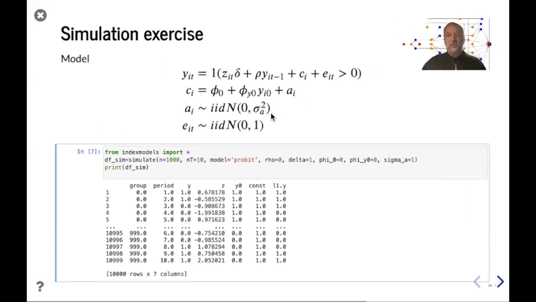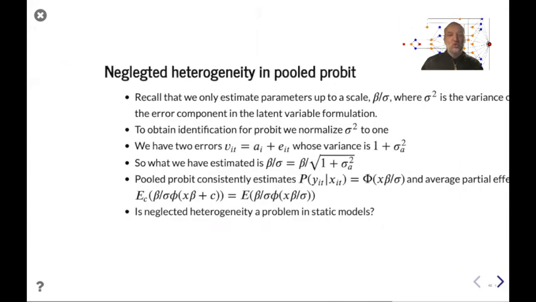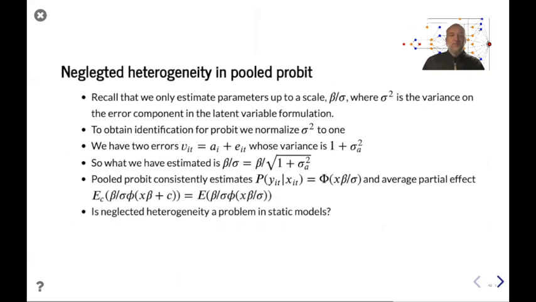Okay, so the standard deviation is the square root of that. And that's definitely not 1, right? And yet we're making the normalization, assuming that variance is 1 in order to obtain identification. So it's not completely in line with the estimated model. So it's not surprising that we get parameters that are smaller and smaller, because we have these two errors and the joint variance is this.